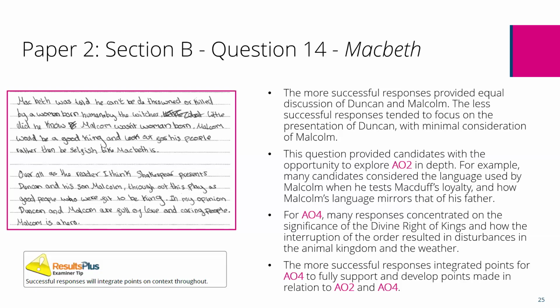So the examiner tip here, successful responses integrate points on context throughout, rather than bolting it on, putting in the context where it naturally occurs. As I said, this is a level 2 response, so quite low level, but you'll find a response to question 13 also on there.